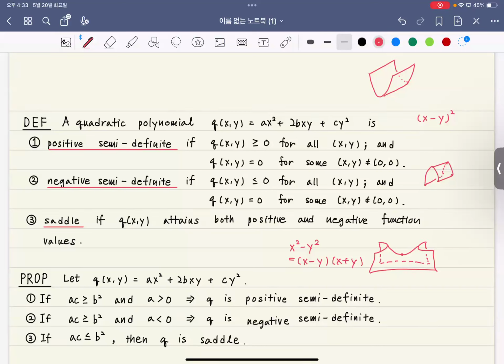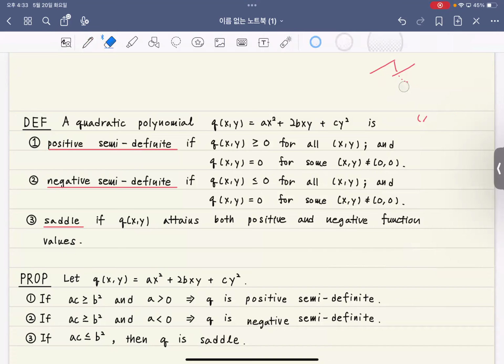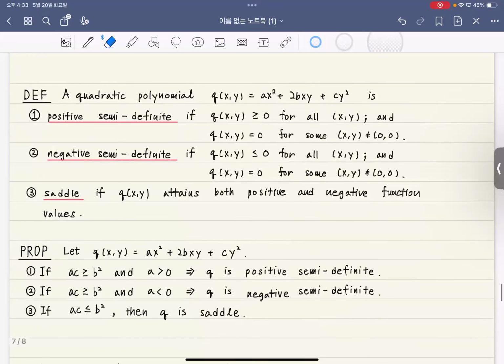If such a real factorization is possible, then your quadratic polynomial is saddle. But if such a real factorization is not possible, then your polynomial should be either positive or negative definite. So it is all about the real factorization. Okay, sorry. I'll just get rid of these silly pictures. I really don't like them.